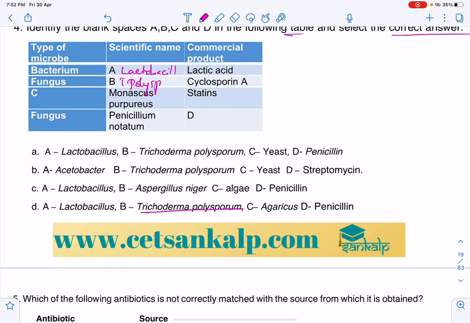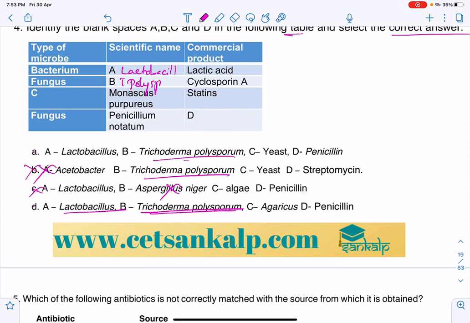So B is Trichoderma polysporum. Here in these options we have the first one Lactobacillus, so we can't select this. Out of these three we can select. So this is wrong, and these two options we can't select either.